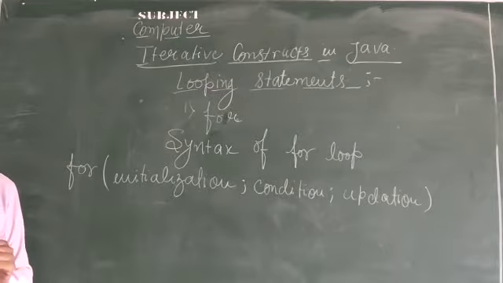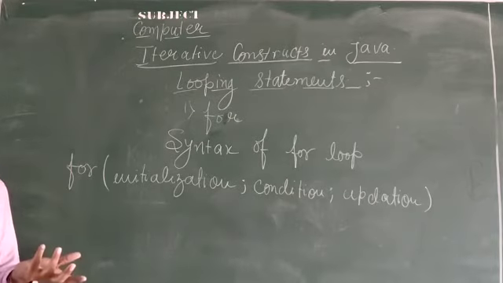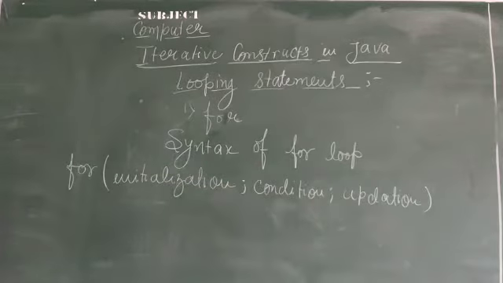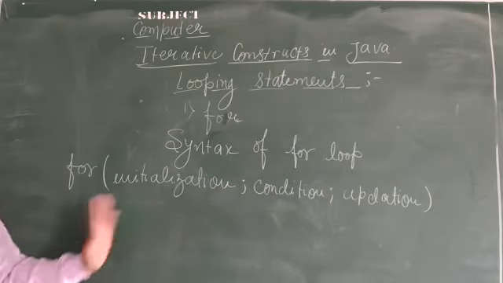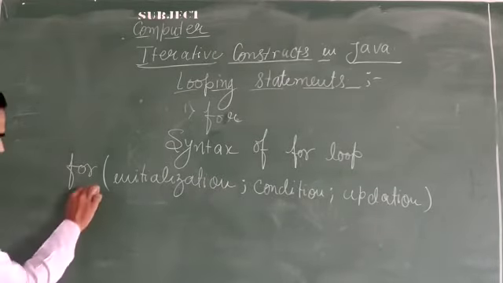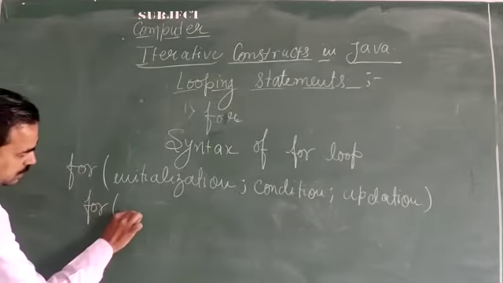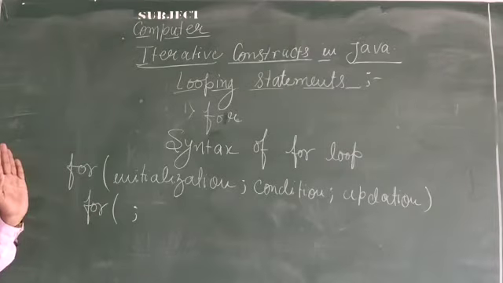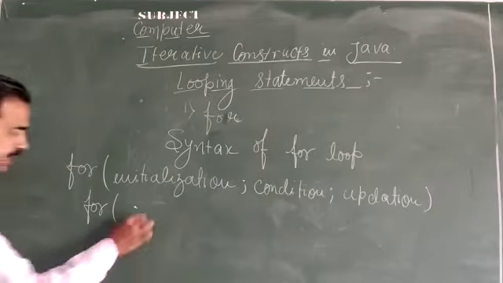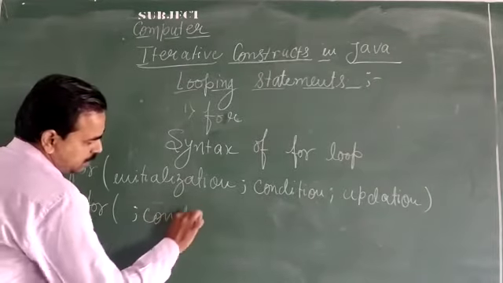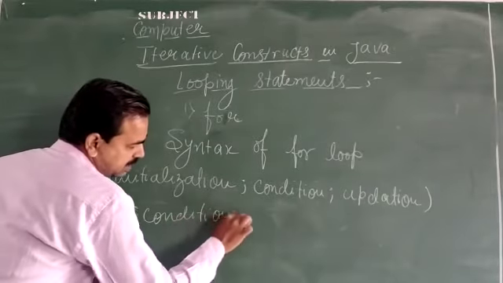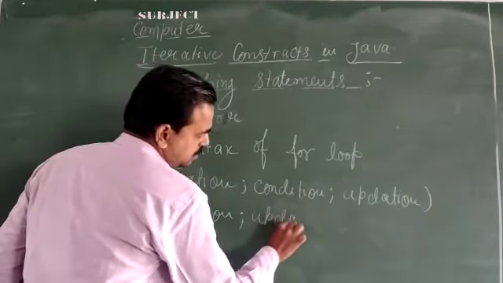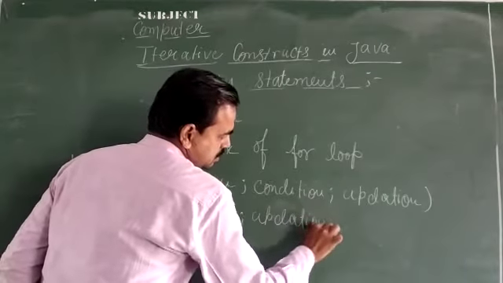Now how is it possible? Initialization is not there. We have to apply the condition directly, then put a blank semicolon, like for semicolon. Skipping which one? Initialization. Then condition, semicolon, and then updation.